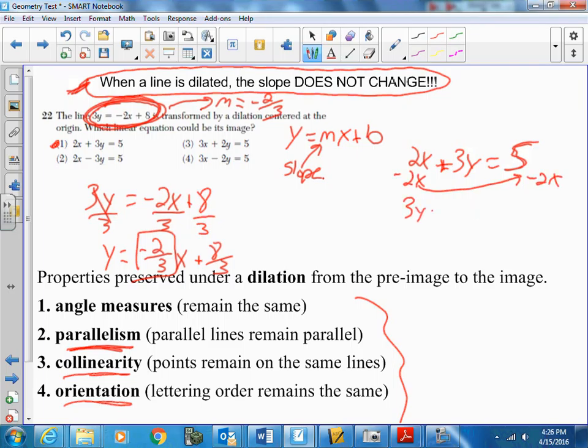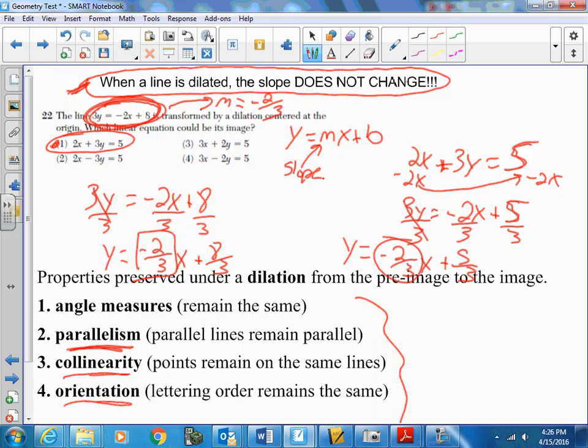So we have 3y is equal to negative 2x plus 5, all right? And then I just divide by 3, divide by 3, and we get y is equal to negative 2/3 x plus 5 over 3. Well, it looks like we have our equation that gives us the same slope. So it looks like our answer is number 1.